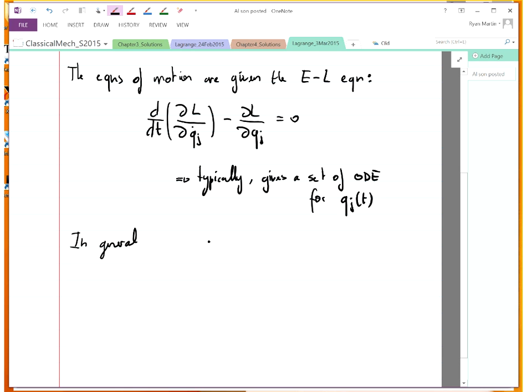Now, in general, we have assumed that the q_j are independent of each other.